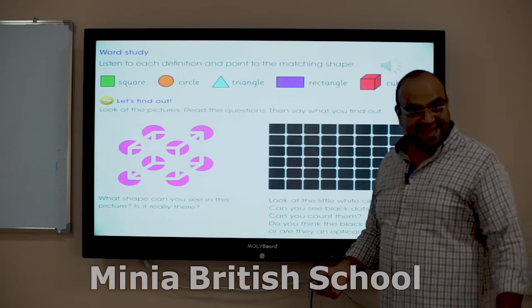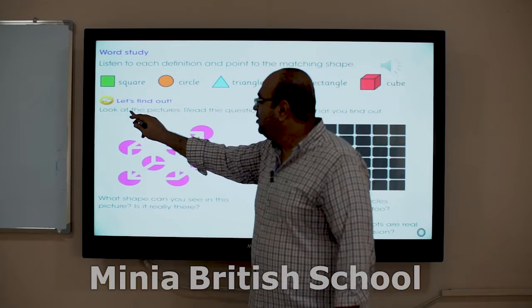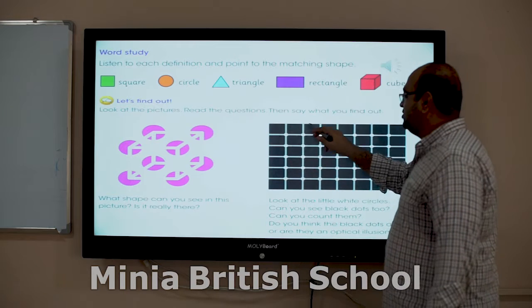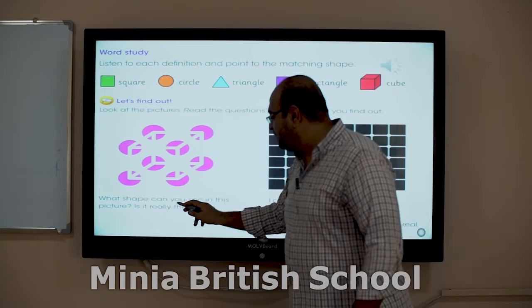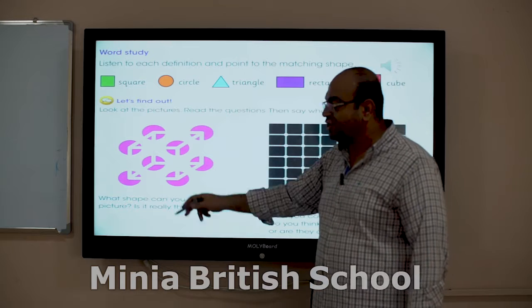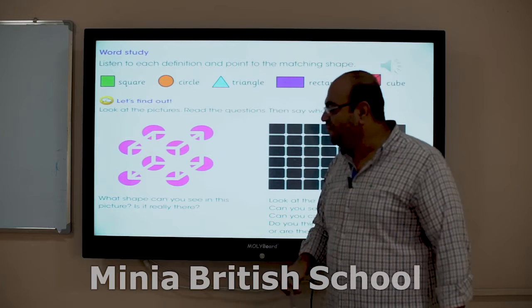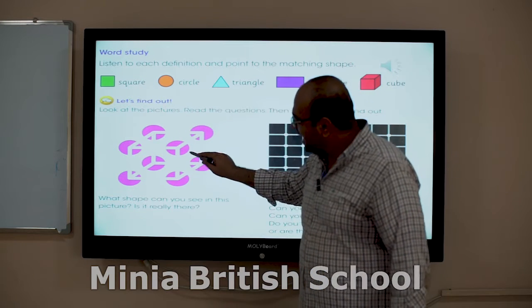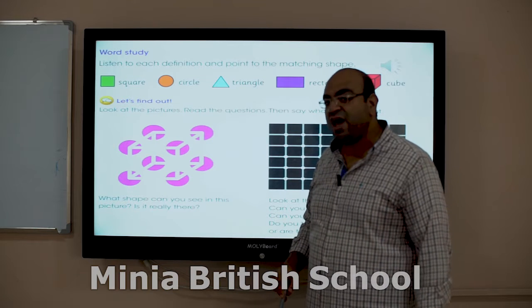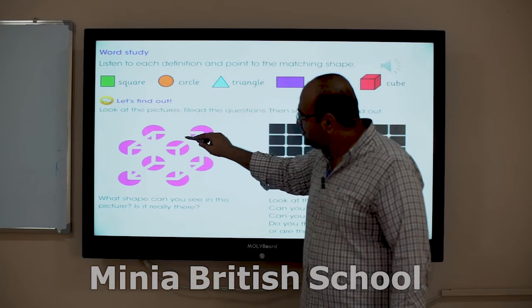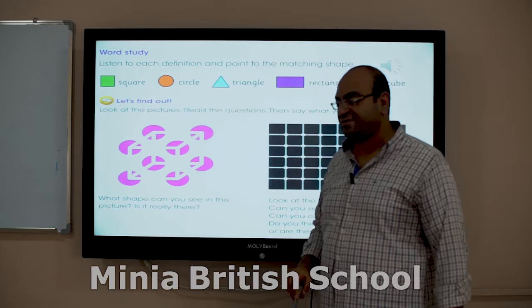Another game, I would call it. Look at the pictures, read the questions, then say what you find out. What shape can you see in this picture? All of you will say a cube, but actually no. It's circles missing parts of it.